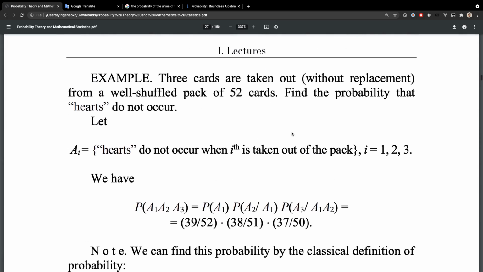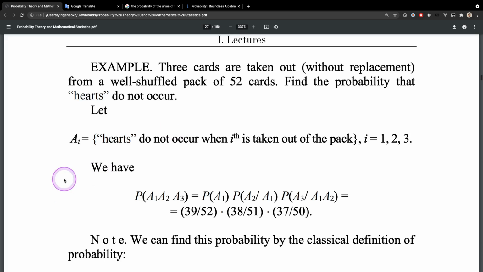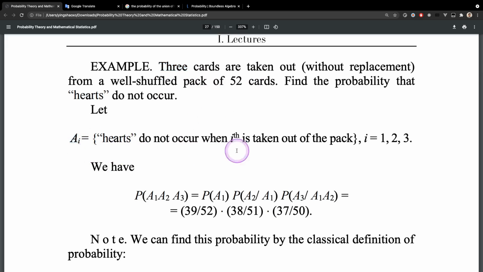Alright, let's look into a real example. Three cards are taken out without replacement from a well-shuffled pack of 52 cards. Find the probability that hearts do not occur. We could generalize the whole problem or the event, not by just taking 3 cards out, but by taking i cards out from the pack.